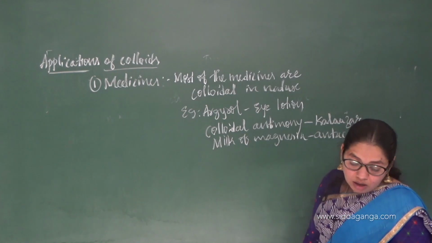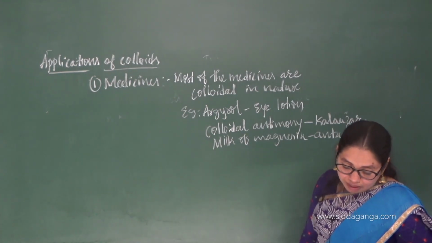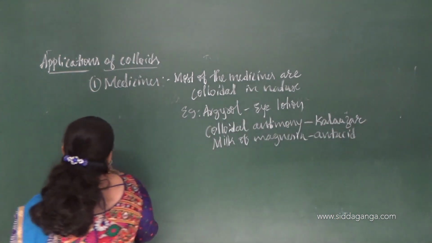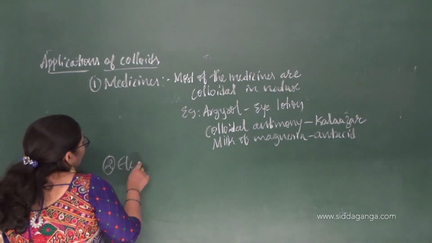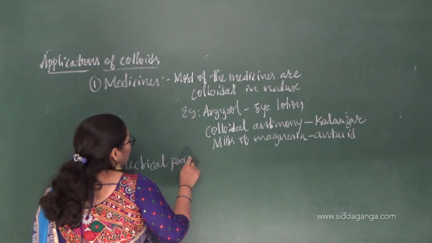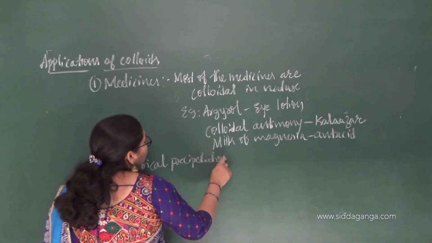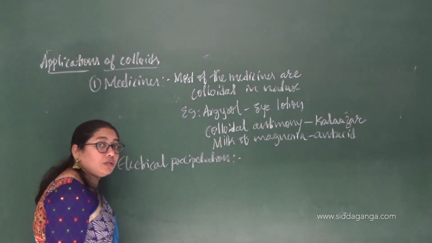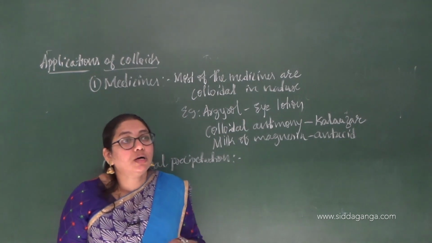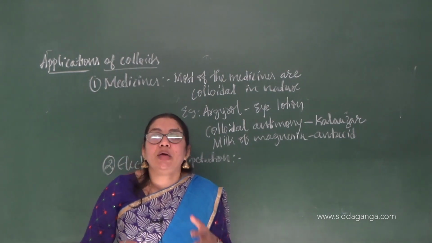Likewise, you can have one more application of these colloids, that is electrical precipitation, which is very important here. So what is this electrical precipitation? You know that nowadays we are surrounded by so many pollutants.